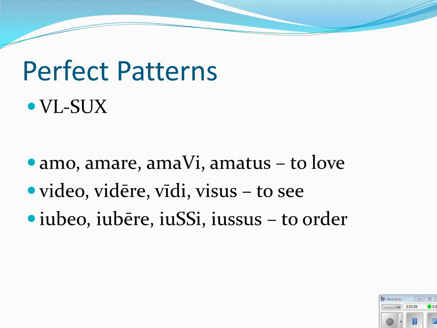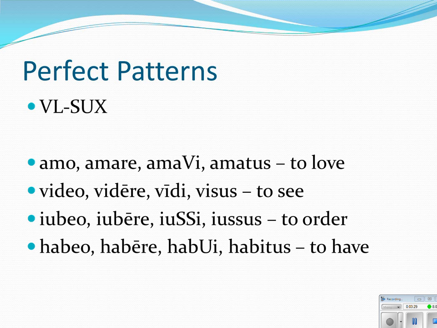S stands for the letter S, as in iubeo, iubere, iussi, iussus. In the perfect, it has two S's. Sometimes there's just one. In the present tense, there's a B, so the B changes. So you can tell if it's perfect if it has that S. The U stands for the letter U, like habeo, habere, habui, habitus.